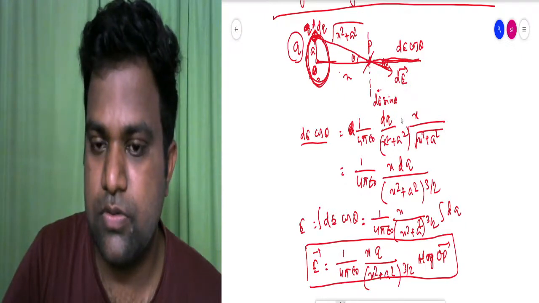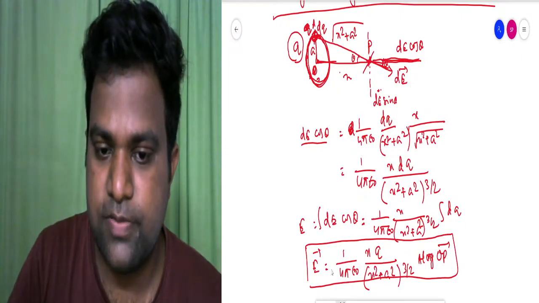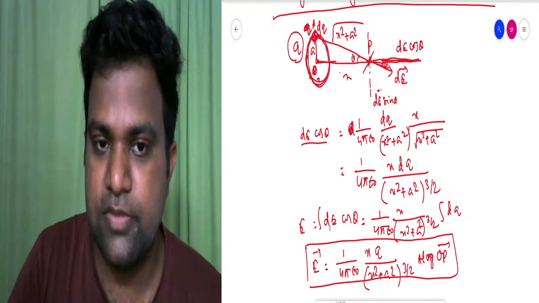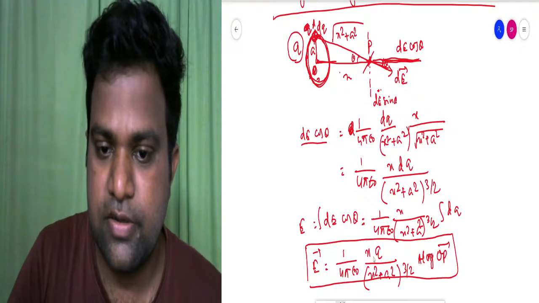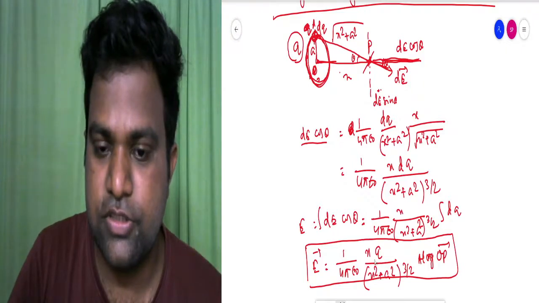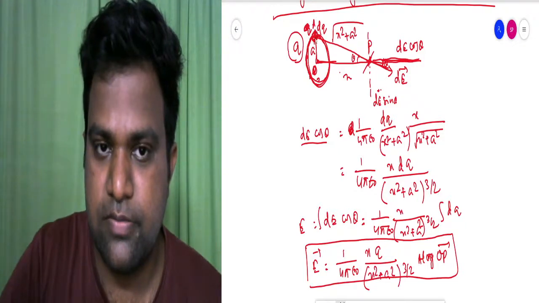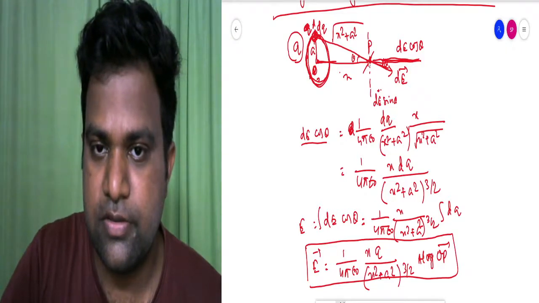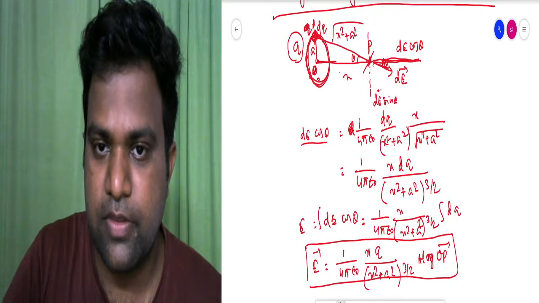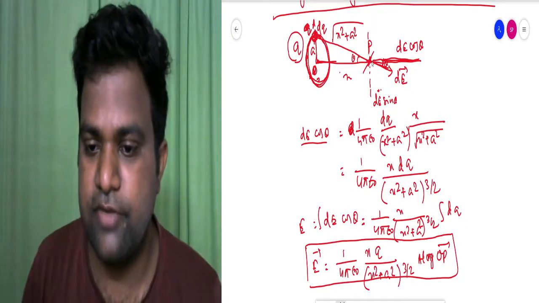So the final expression we got is 1 upon 4 pi epsilon naught, x Q upon x squared plus a squared to the power 3 by 2, where x is the distance from the center of the ring, Q is the total charge, and the denominator involves the distance between the charge on the ring and the point P, where we are calculating the net electric field.